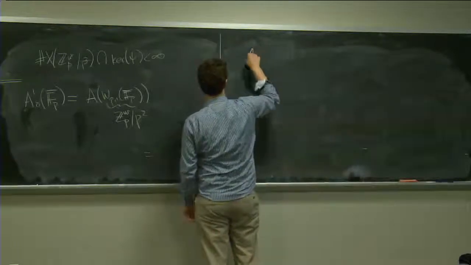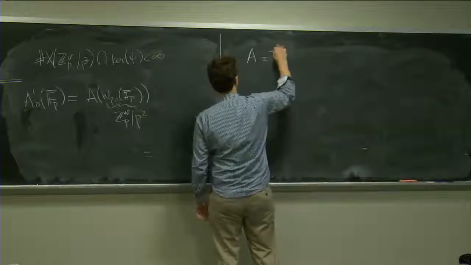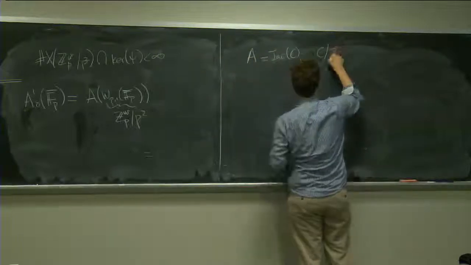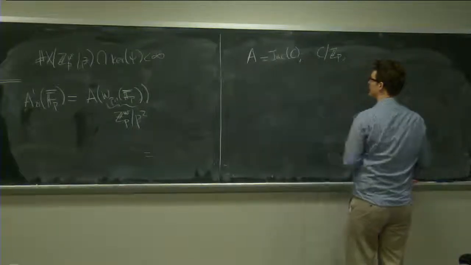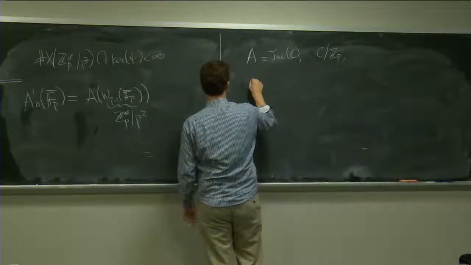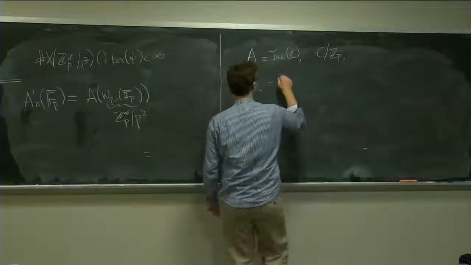A is an abelian variety. A is equal to the Jacobian of C. C is defined over Z_p unramified, or let's say Z_p. And so this is also defined over Z_p. One can construct the first p-jet space modulo p. So this is the first p-jet space.